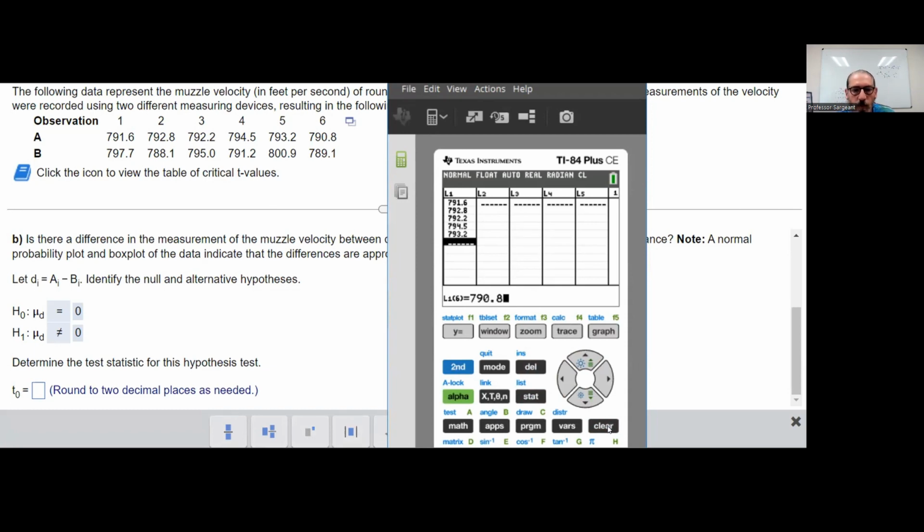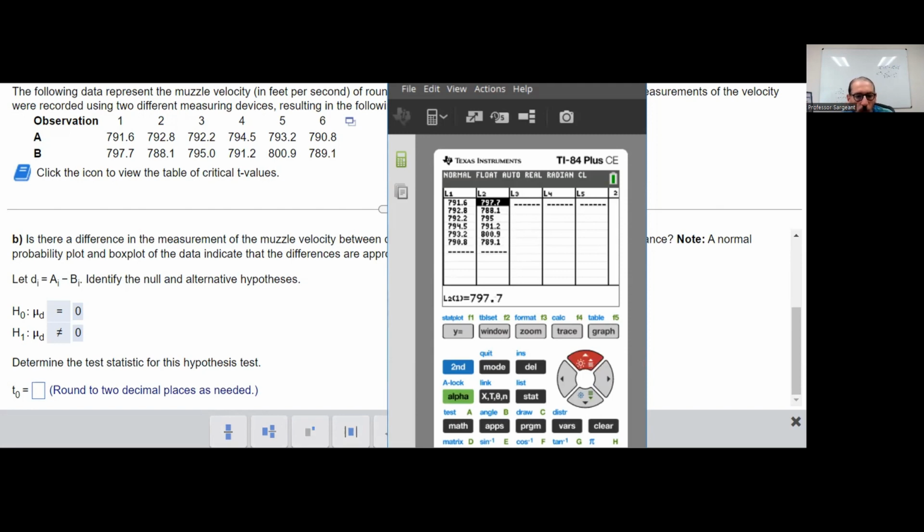Double checking real quick. Okay. And then into list 2, the measurements from device B. Double check those real quick. Okay, it looks like I've got it right.